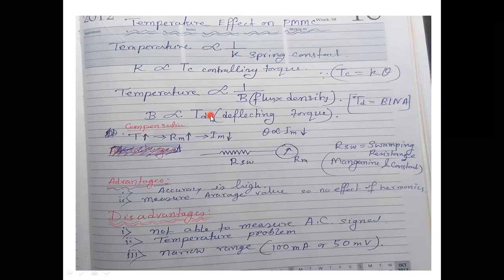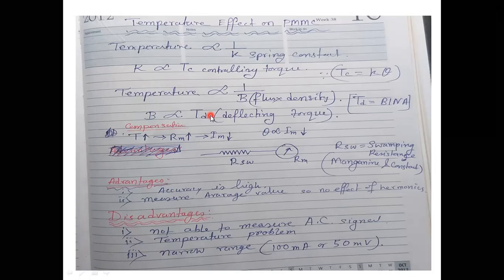But when it goes to 80 degree centigrade, a very high temperature where a human cannot stay, you can find this type of temperature in a furnace, but no person can stay there. I am saying this just for example purposes. Then the 10 ampere reading will reduce to, say, 9.5.